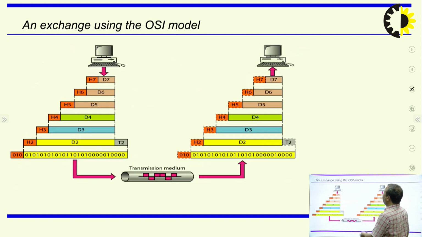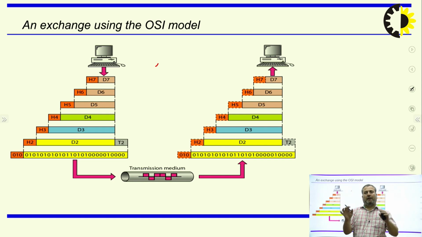So let's see how this could be done. At the sender side, whatever the user wants to communicate, they will type, I mean a message, and for that there must be some kind of message interpreter. So data: you can see that the application layer attaches its header, for example at the 7th layer, this is H7.